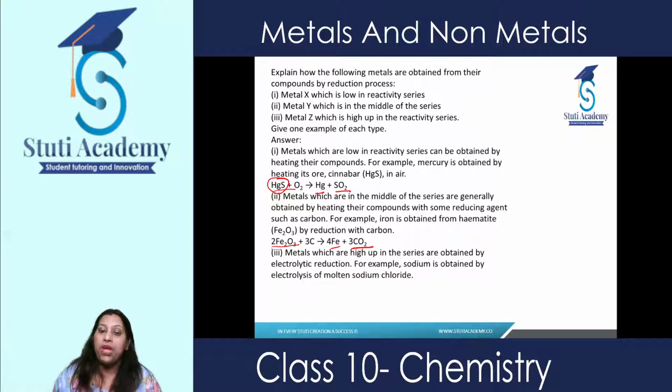So that's why we get these metals by performing electrolytic reduction. For example, sodium is obtained by electrolytic reduction. If we take sodium chloride and pass the electric current, then at the cathode and anode, two types of reaction take place. So sodium and chlorine get separated by passing current or electricity through them.